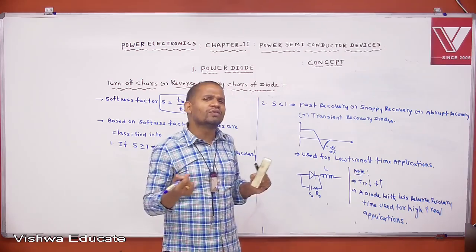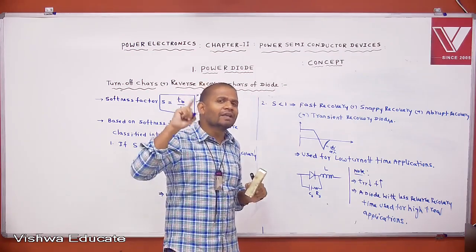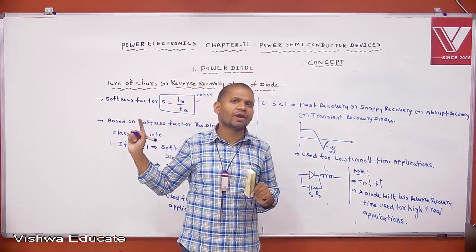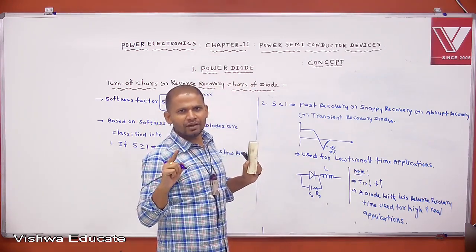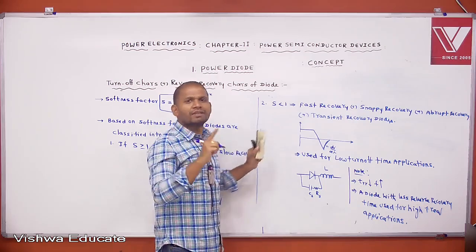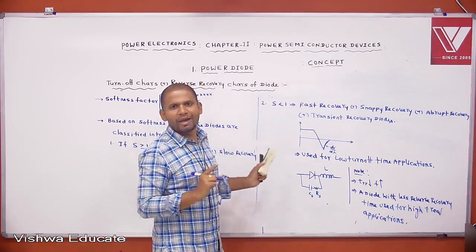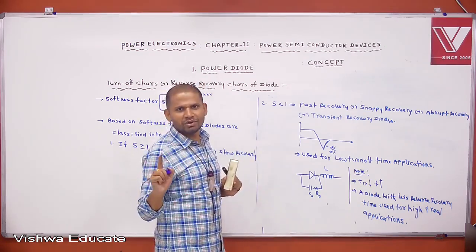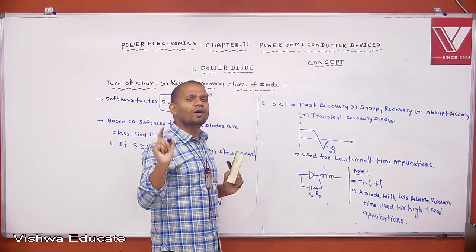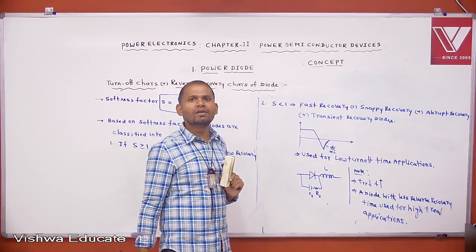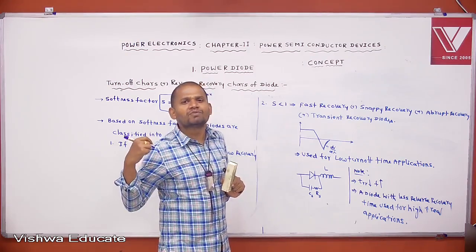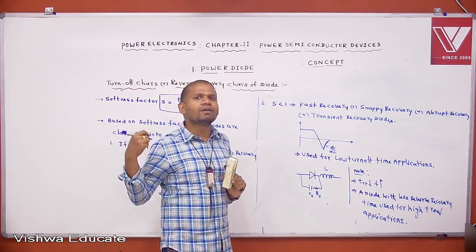A high switching frequency of operation is required mainly in choppers and inverters. That we will see later. That's why for the designer these characteristics are very important, and for the manufacturer this parameter is very important to design a diode for high frequency applications. Okay, now see what the different types of diodes are that we use based on application.